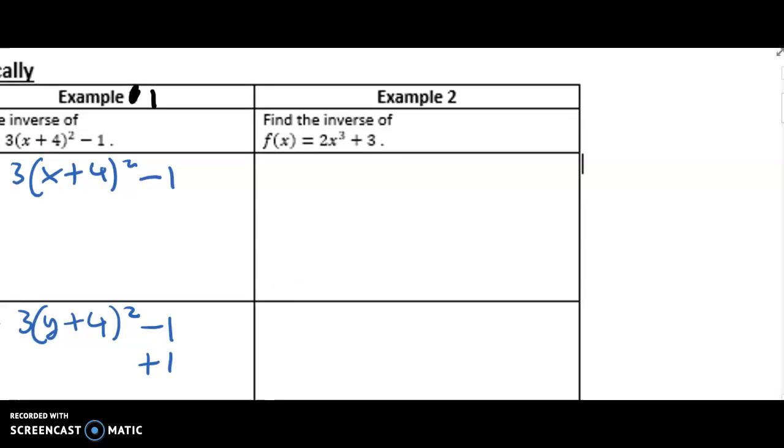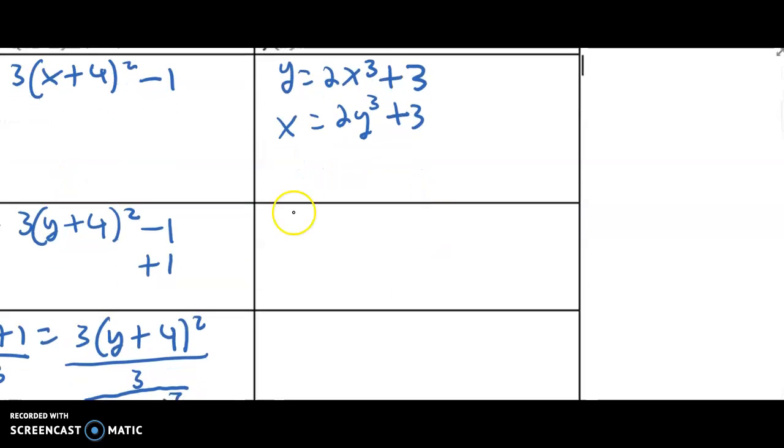Okay, it wants us to find the inverse of 2x cubed plus 3. Alright, let's change f of x to y. We're going to switch x and y now. Everything else stays the same, so that cubed stays right where it was. Now we want to solve for y. I'm going to rewrite the function so that y is on the left-hand side.